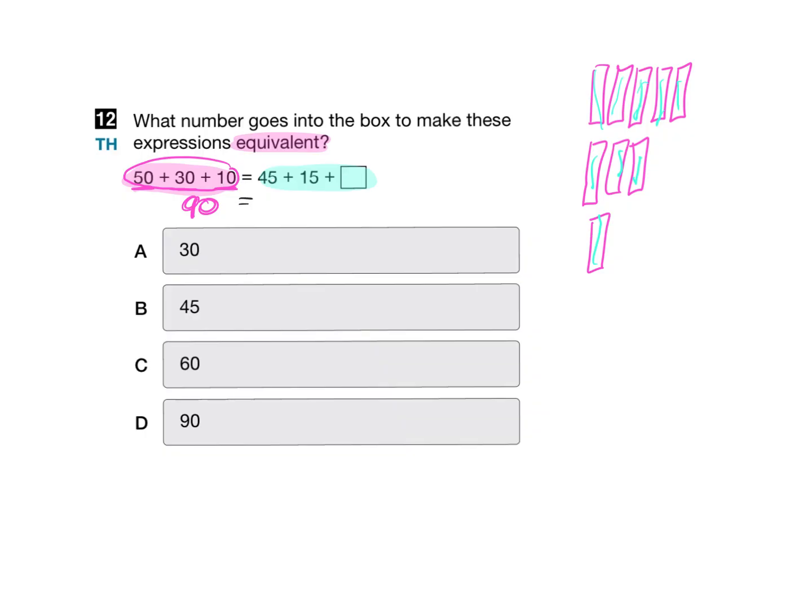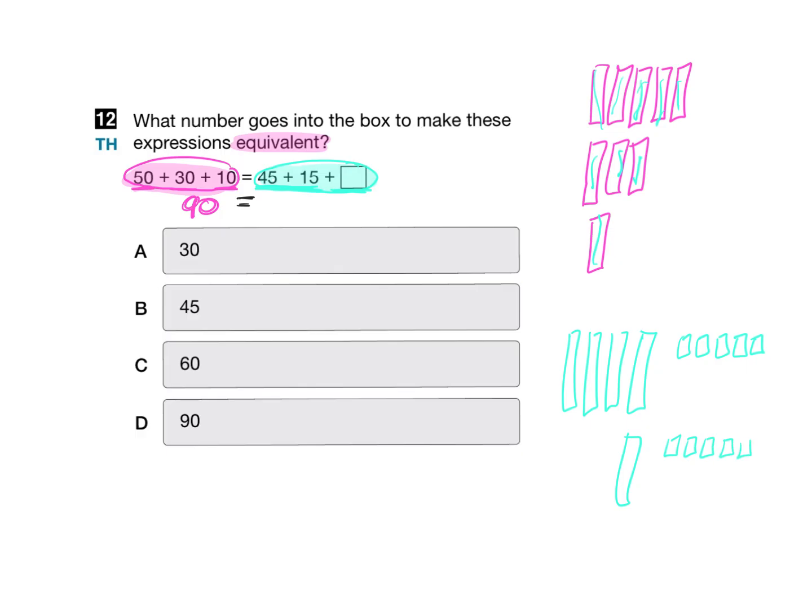90 is equal to 45 plus 15 plus something. All of this has to add up to 90. It has to be the same thing on both sides. They're saying that they're equal. Well, what's 45 plus 15? Let's draw some base 10 blocks. 10, 20, 30, 40, and 1, 2, 3, 4, 5, and then 10 plus 5, which is 15.